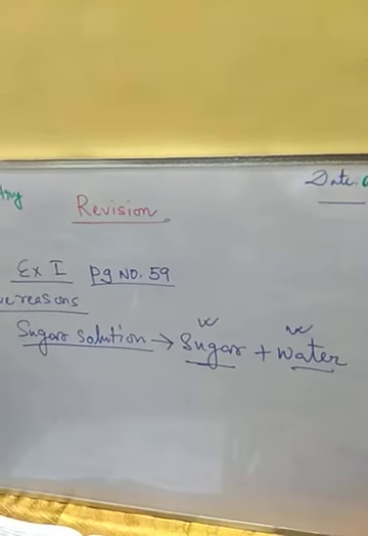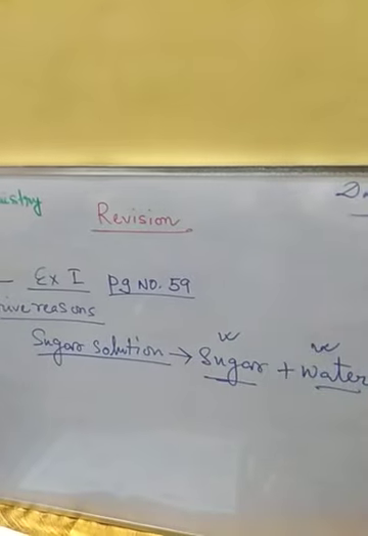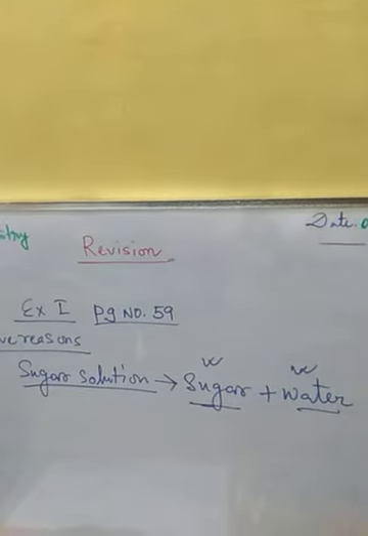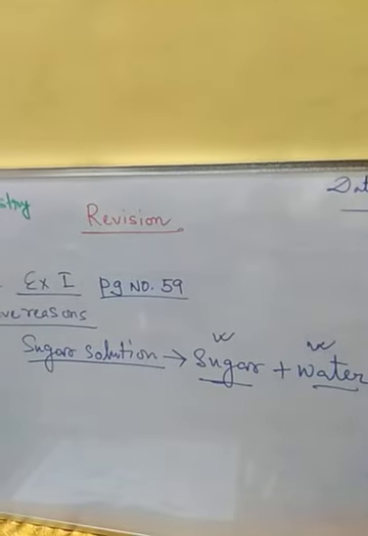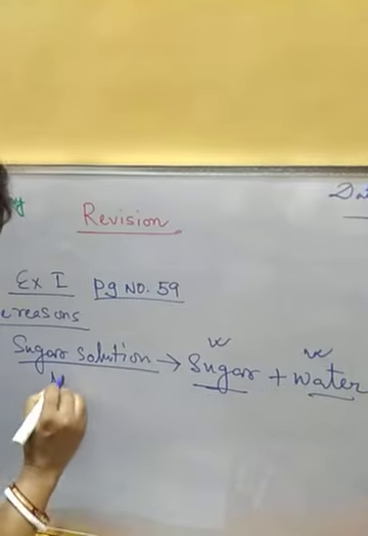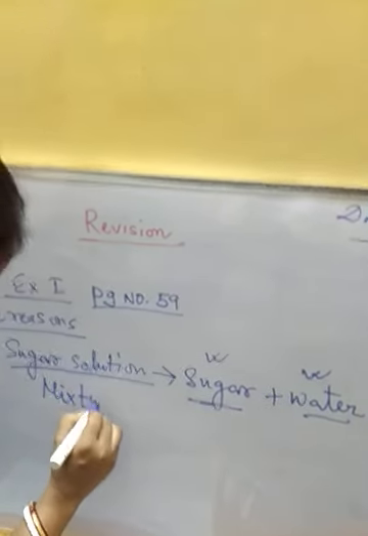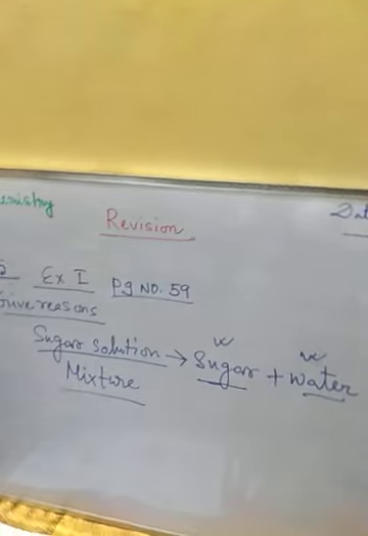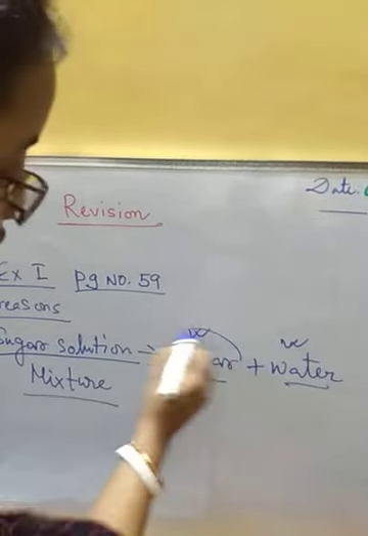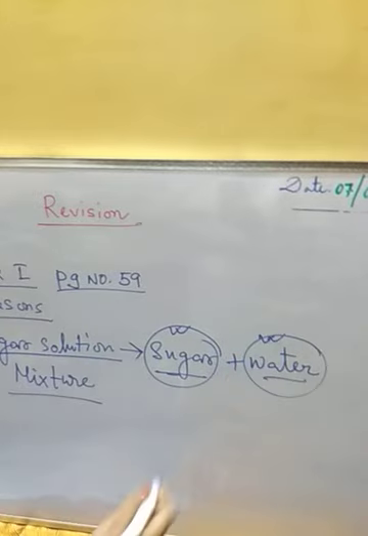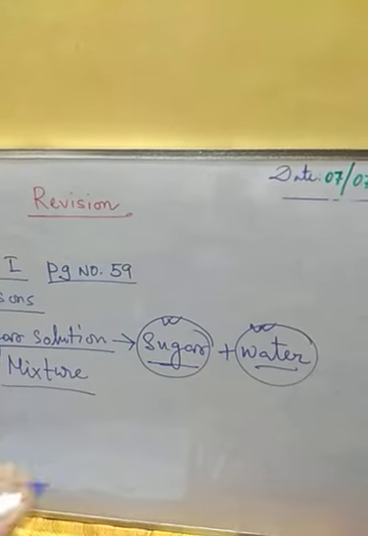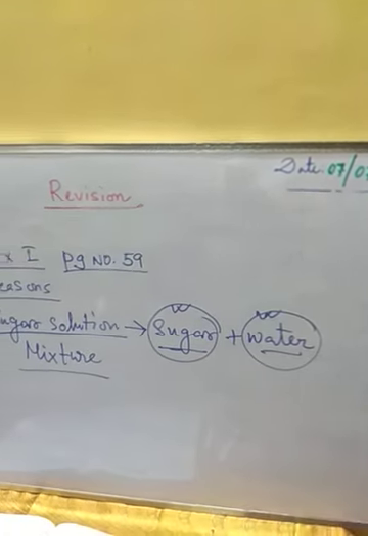This is something different from a compound. In a compound, we have seen that the properties of the individual elements are lost. But as this is a mixture, a sugar solution, in a mixture sugar and water both exist, both are there together without forming any bond.